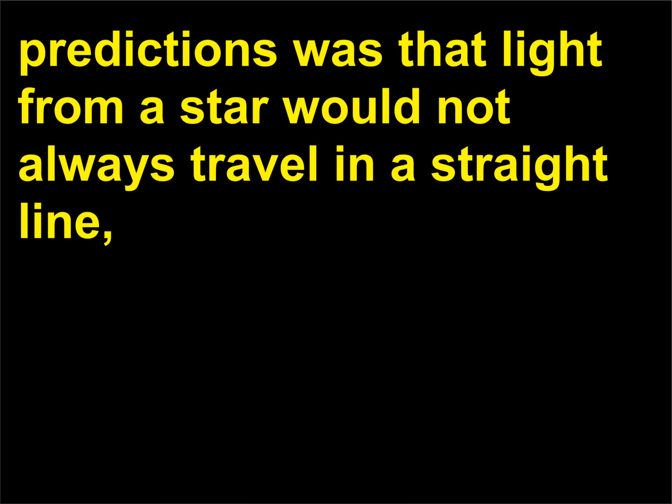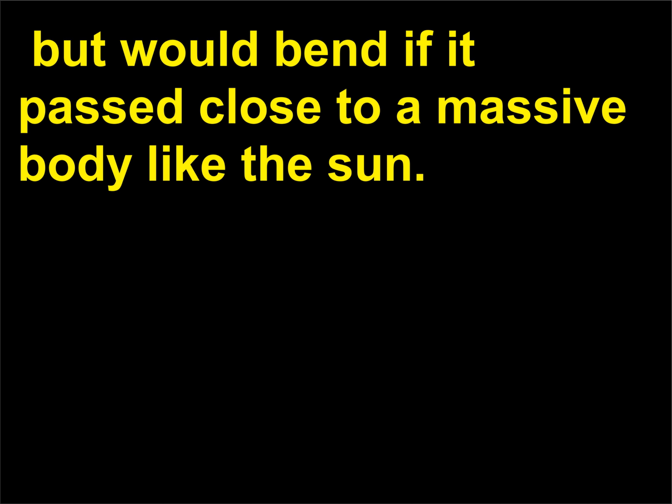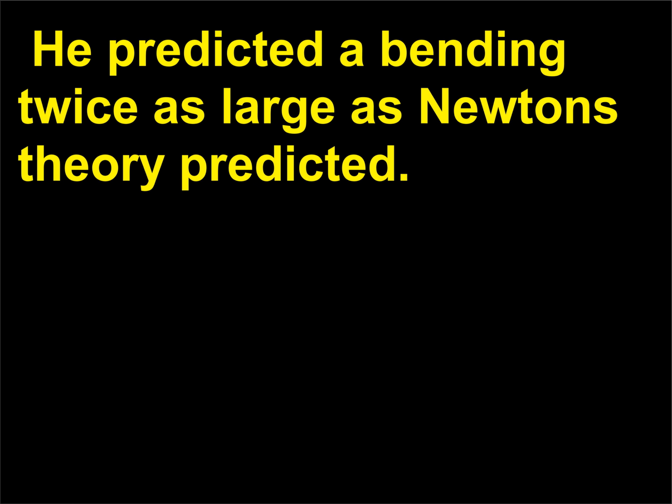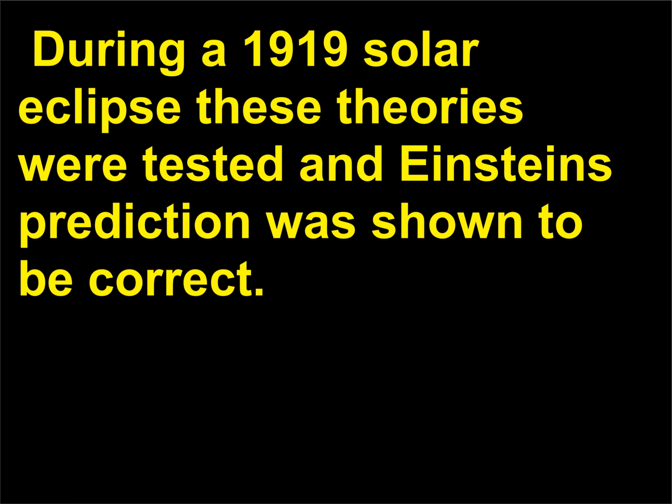predictions was that light from a star would not always travel in a straight line, but would bend if it passed close to a massive body like the Sun. He predicted a bending twice as large as Newton's theory predicted. During a 1919 solar eclipse these theories were tested and Einstein's prediction was shown to be correct.